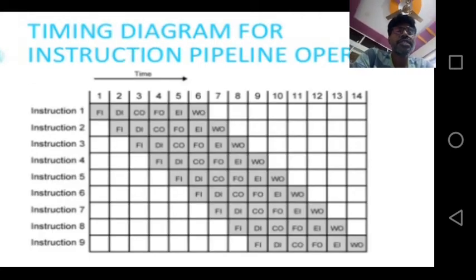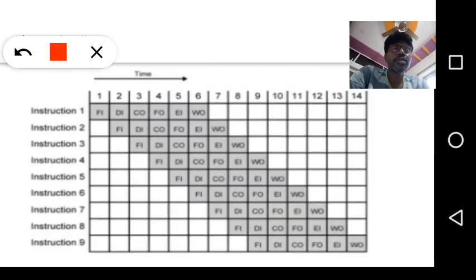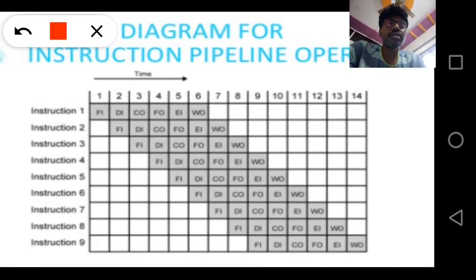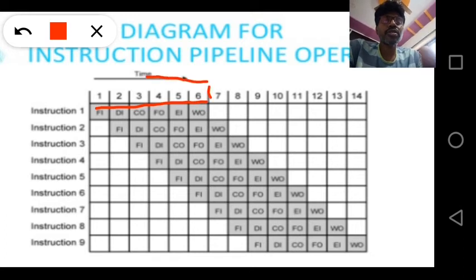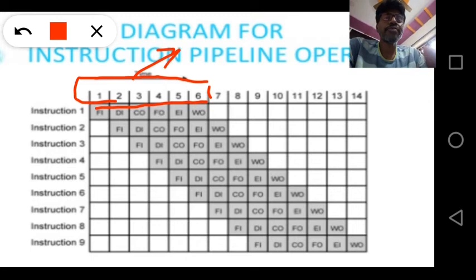Now let us see the timing diagram for the instruction pipeline. These are the time frames, and this is one time frame, the amount of time required for completing instruction 1.